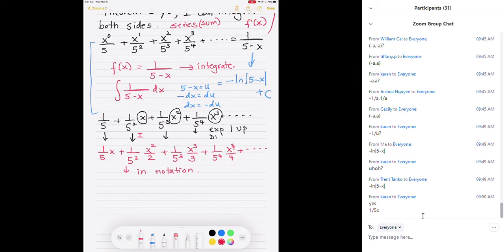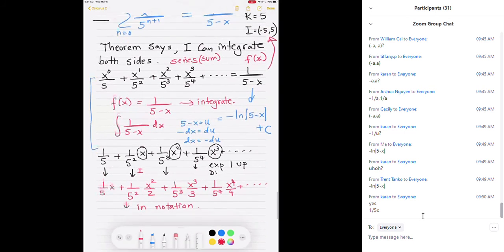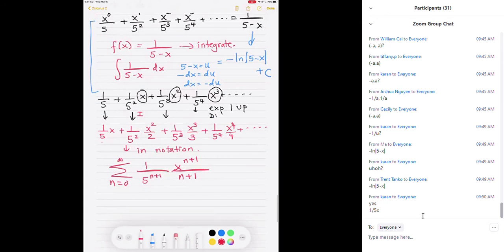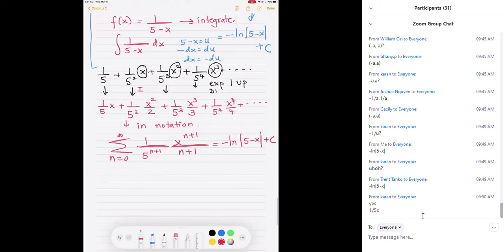This turns out to be the summation from n equals 0 to infinity of 1 over 5 to the n plus 1, x to the n plus 1 over n plus 1, equals negative ln of 5 minus x plus c. So I'm ready to write that this is that series.